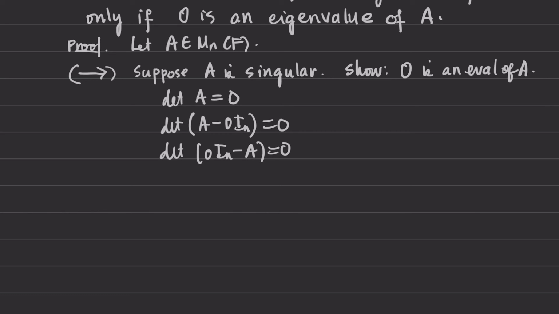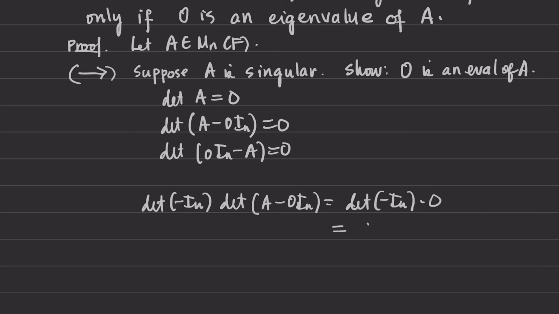Kasi pag nag-multiply ka ng determinant ng negative I, gawin natin, times 0. Yung right side 0 pa rin kasi ito number lang yan.